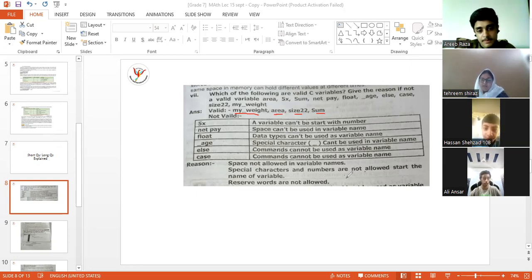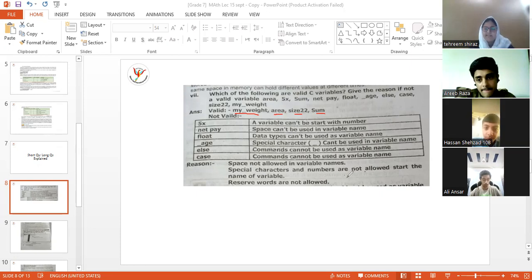Okay, so there are some valid variables and some not valid variables. As we have discussed the specified rules of writing variables, they can only use underscore. They start with capital A to Z or small a to z. They will not start with numbers or special characters.